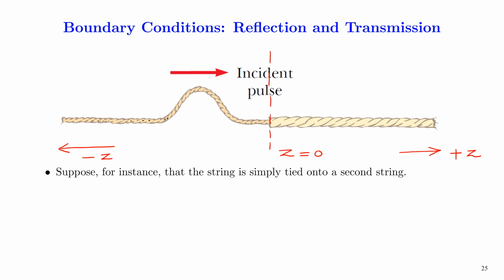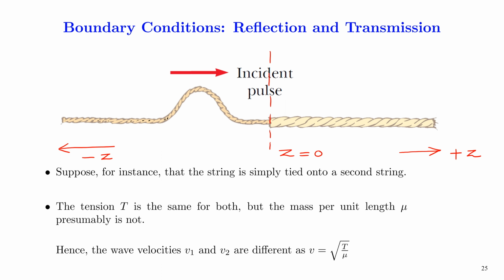And the strings are simply tied to one another at the coordinate position z equal to 0. The tension T is the same for both, but the mass per unit length mu is different in the two cases. Because the mass per unit length is different, the velocities will be different. Let us take v1 as the velocity of the string on the left and v2 as the velocity of the string on the right.